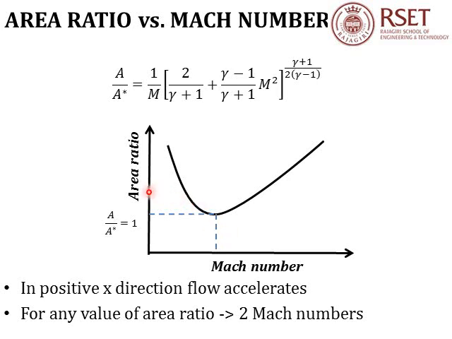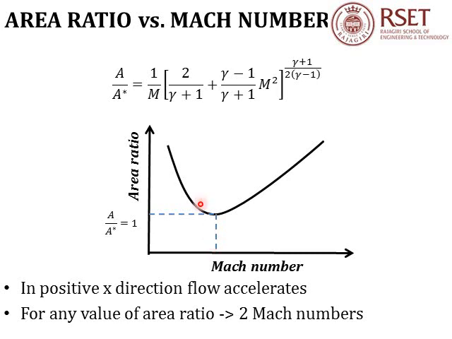if you take a particular value for A by A star and plot it on this curve, we will get a Mach number corresponding to this value, and also a Mach number corresponding to this value. And we see that the first value lies in the subsonic region, whereas the second value lies in the supersonic region, which is separated by this dashed line that represents the sonic condition.